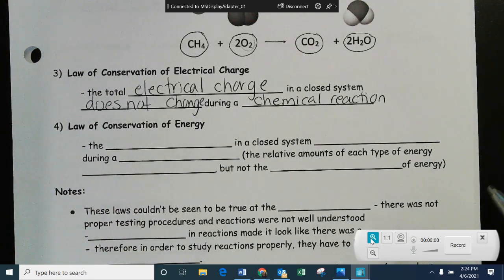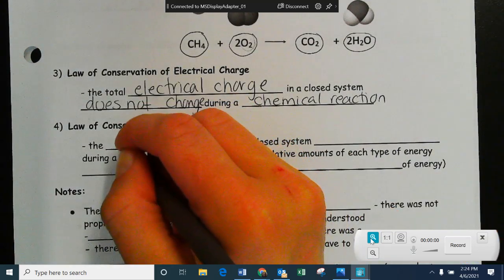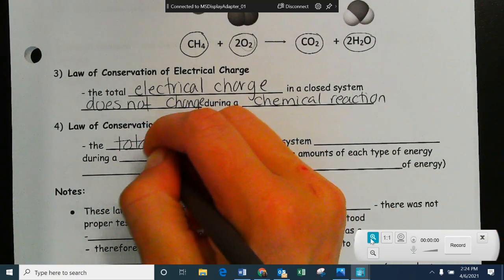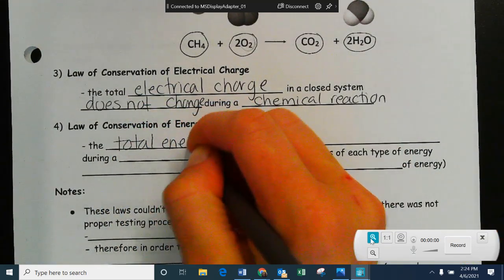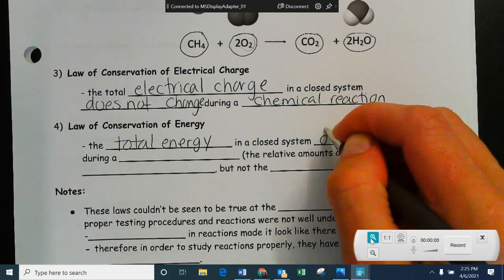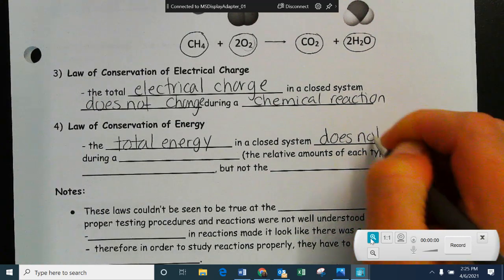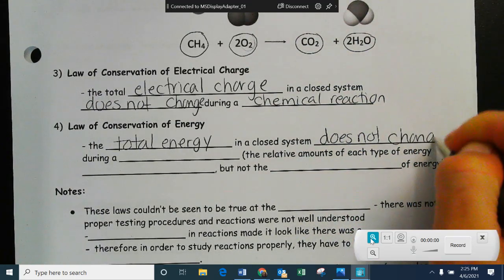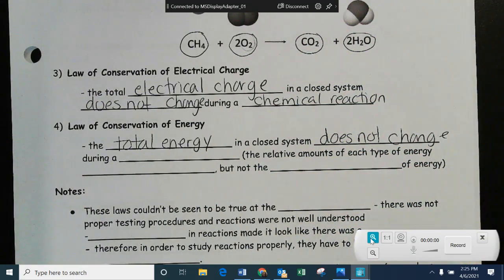And then there's the law of conservation of energy. So what this means is the total energy in a closed system does not change during a chemical reaction.